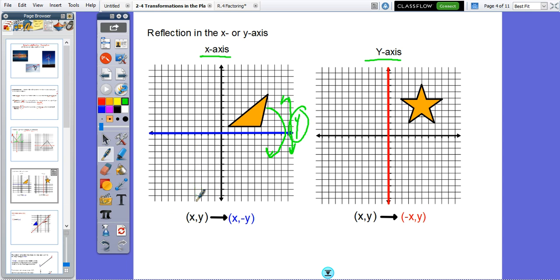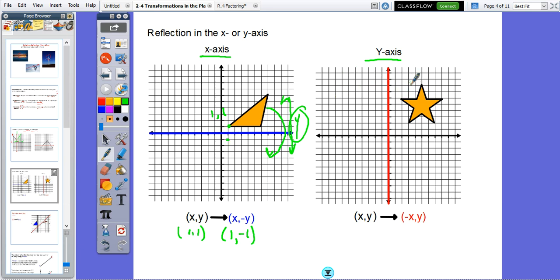So our formula says that whatever your x, y values are, you're going to change the sign of your y. For example, this point right here has the coordinate 1, 1. So my original point is 1, 1. Since I'm doing this reflection, I now will have 1, negative 1. So now its reflective partner is right there.